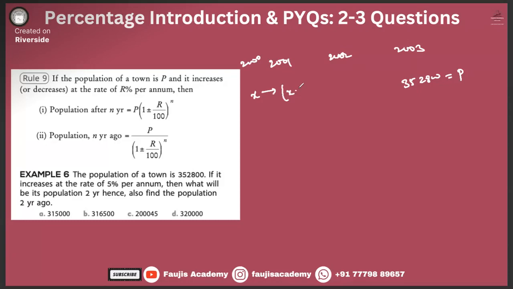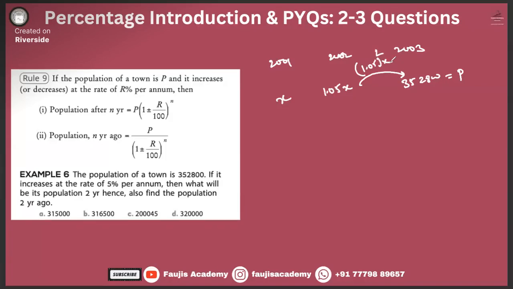In 2002 it was 1.05 into X. And in 2003, again, 1.05 square into X.